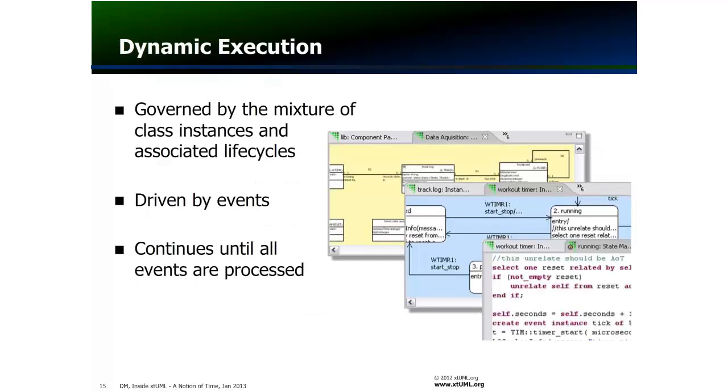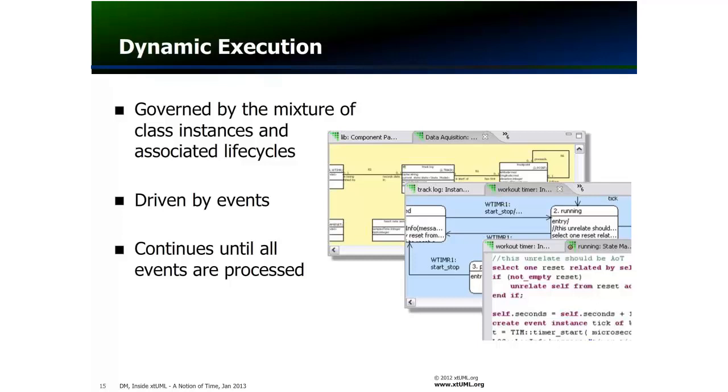At the start of dynamic execution, a block of action language is selected by the test configuration to begin the process of establishing an instance population and creating events that will drive the remainder of the execution. From this starting point, the xtUML rules advance time according to a mixture of events generated and the composition of the recipient's lifecycle.